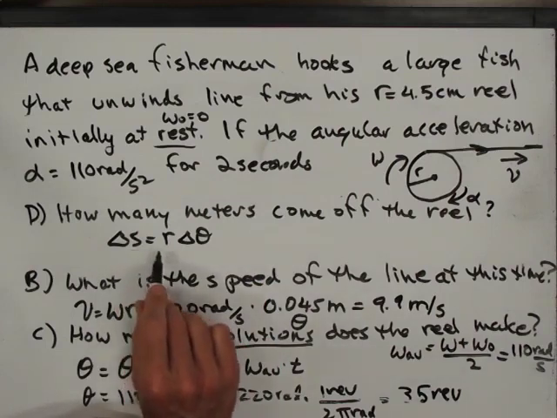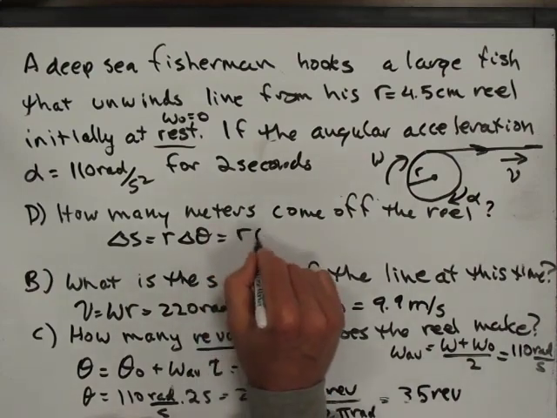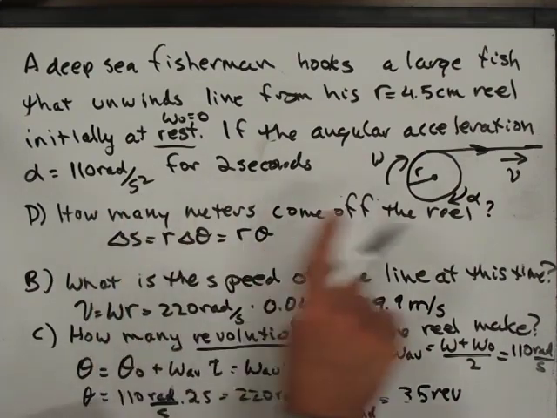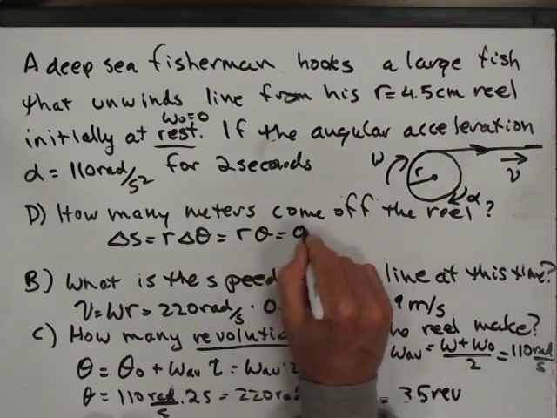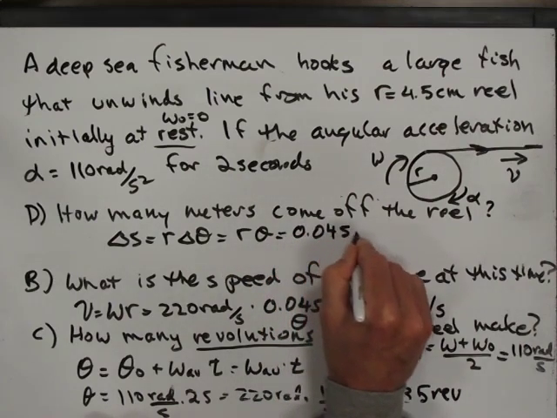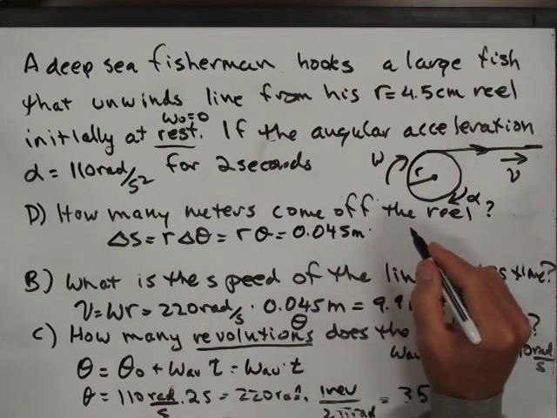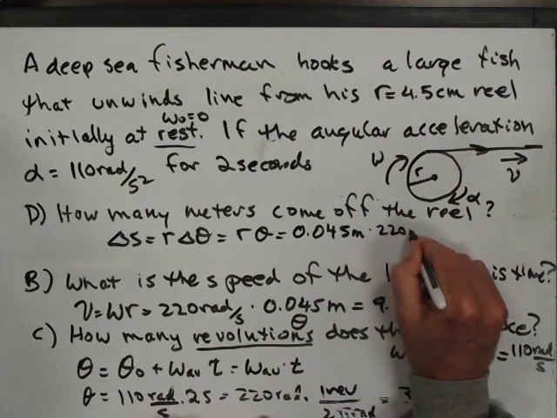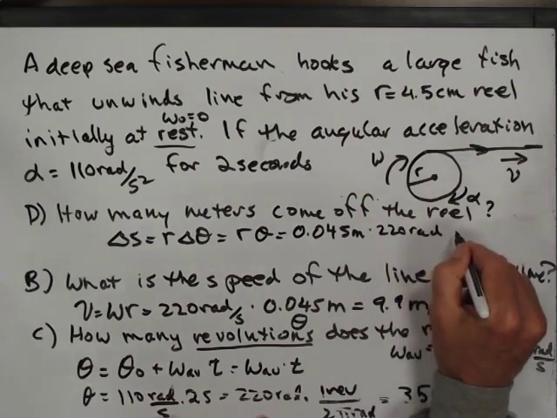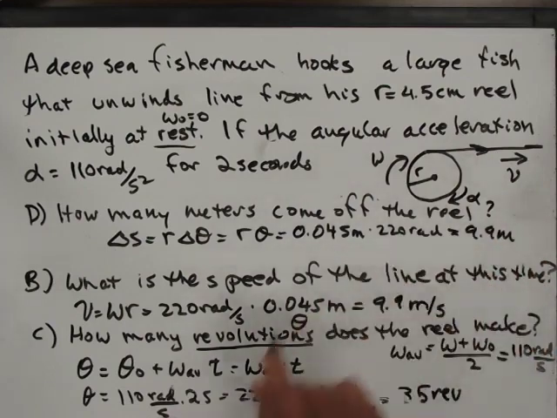The arc length is the radius times the angle. This is what we calculated, the angle, and so it's equal to r times theta. This is how much distance around this thing this angle corresponds to. We'll do it in radians because that's the one we want. 0.045 meters times the total distance, which was 220 radians, which is 9.9 meters of line.